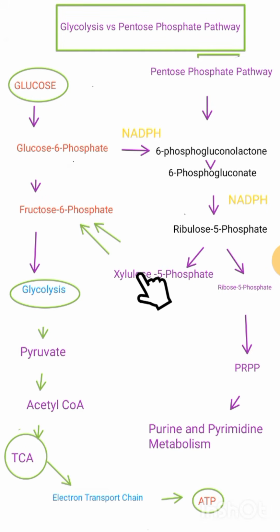In this case, since the body needs both NADPH and ATP, glucose 6-phosphate will first undergo the oxidative phase of the pentose phosphate pathway to produce the NADPH that is needed by the body.